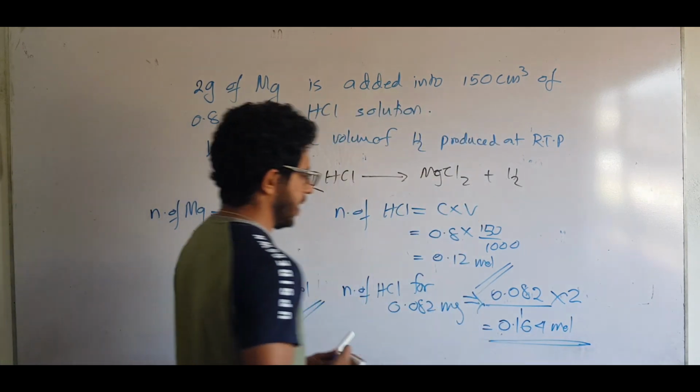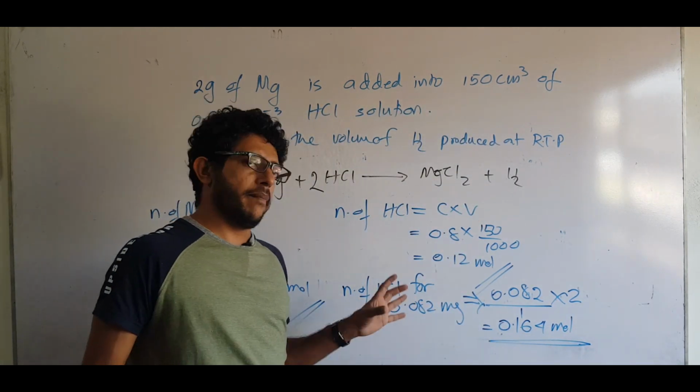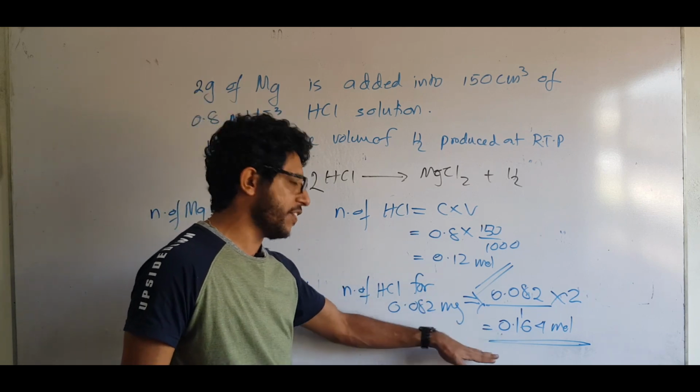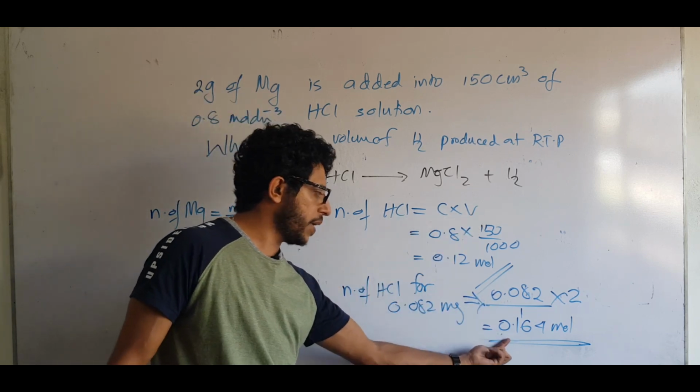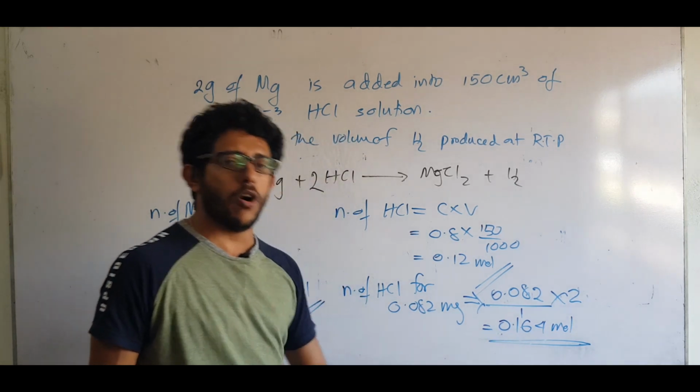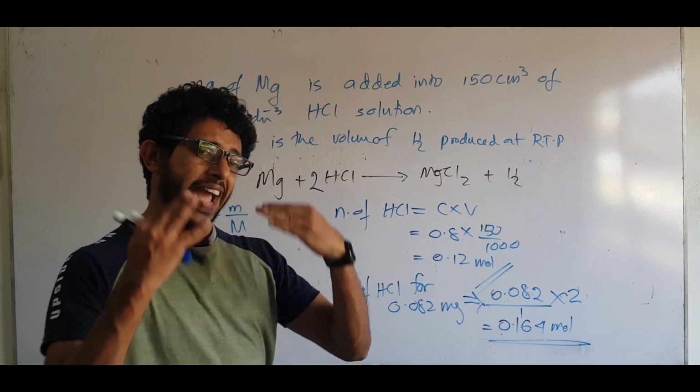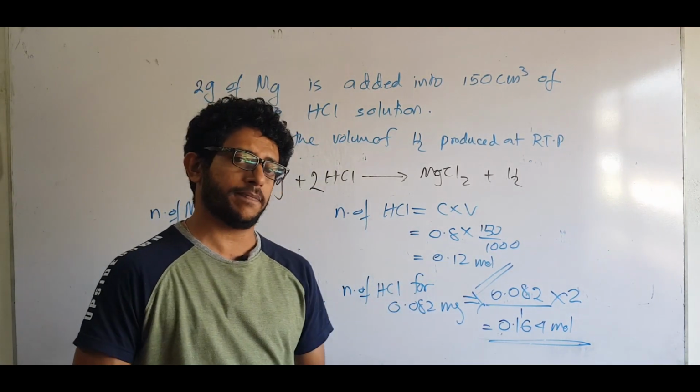You can get the idea now. If magnesium is the limiting reagent, to react all the magnesium with HCl, you need 0.164 moles of HCl, but actually you have 0.12. So actually HCl is the limiting reagent.